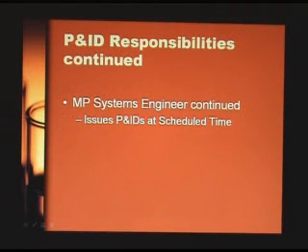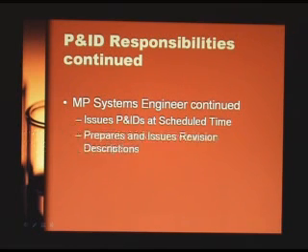And then we talked about minding the schedule. So P&IDs have to be issued when promised. Prepares and issues revision descriptions. Do we provide revision descriptions all the time? No, we don't.